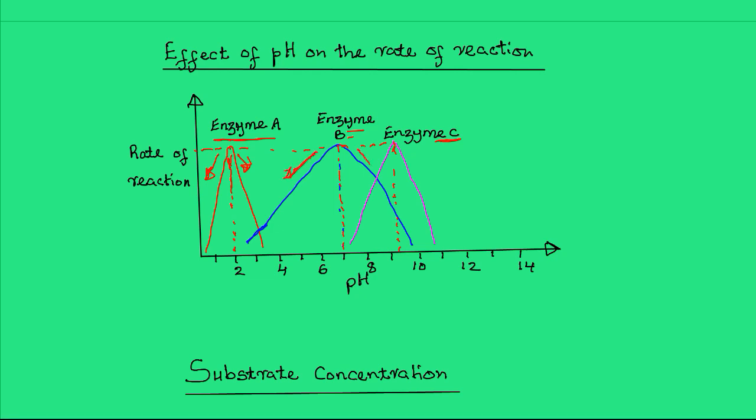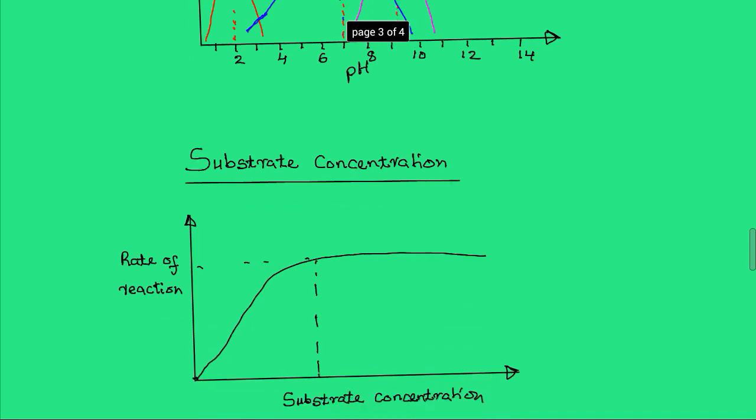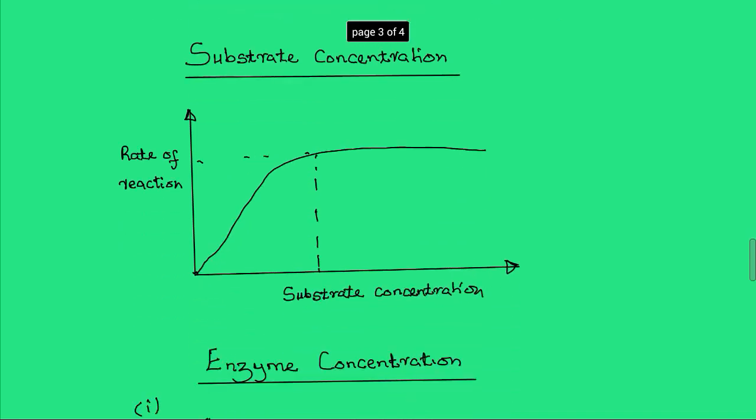Above 7, the enzymes also progressively get denatured. So for efficient functioning, each enzyme requires a specific pH to work. Then next, look at the substrate concentration.